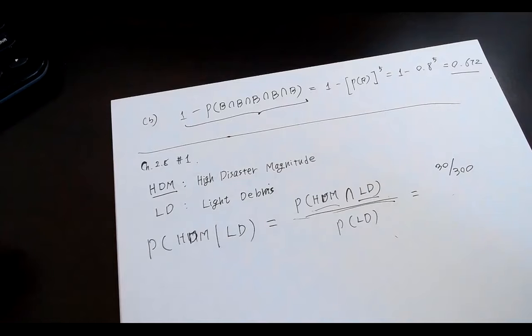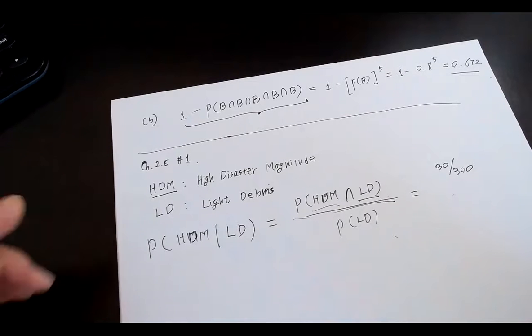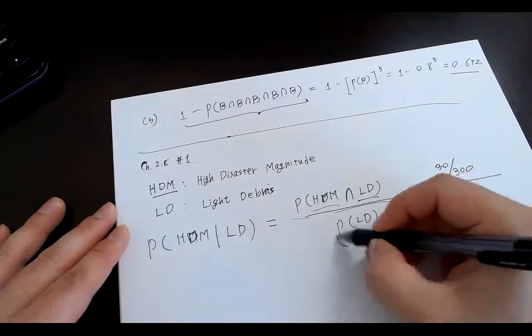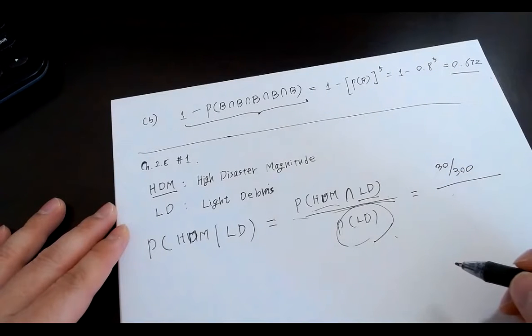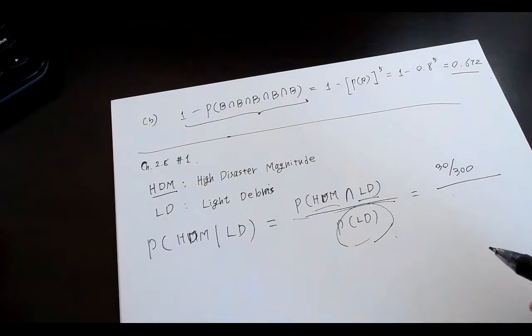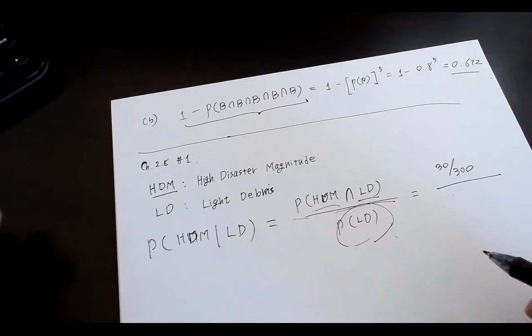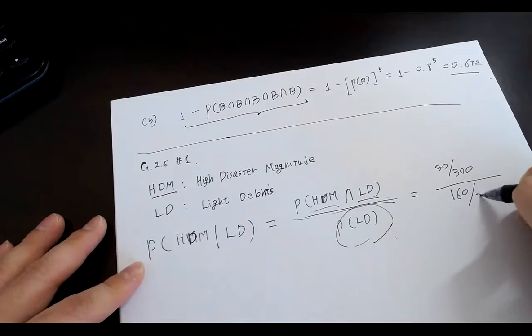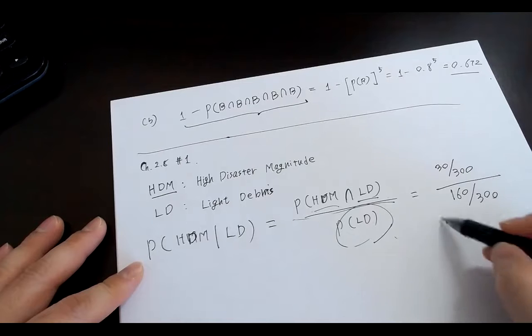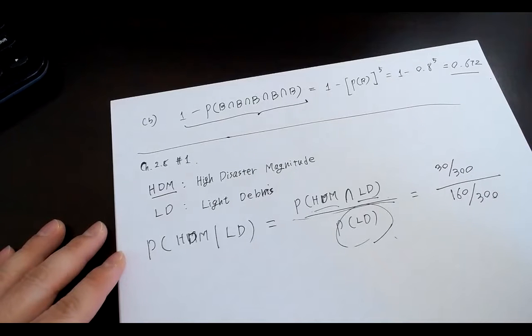So a road is under light debris and got the high disaster magnitude: 30 out of 300. Divided by the probability of LD, which is 160 roads under light debris out of 300 roads. That's the probability of LD, light debris.